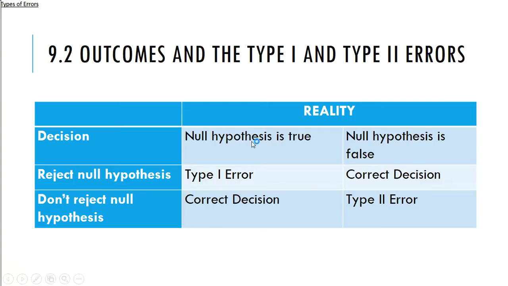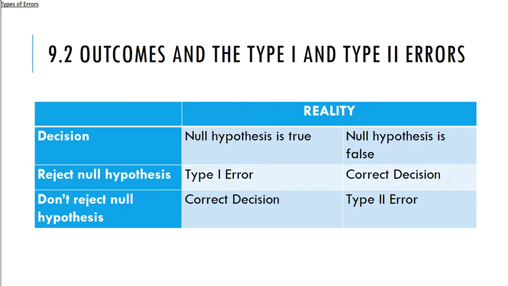And if you say your null is true and you didn't reject your null, that was the correct thing to do. What if you said your null is false and in reality it really is false? You made a correct decision. But say you said the null is false, but in reality it's true, that's a type 2 error.